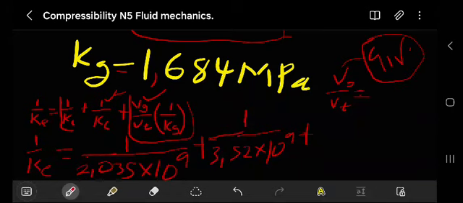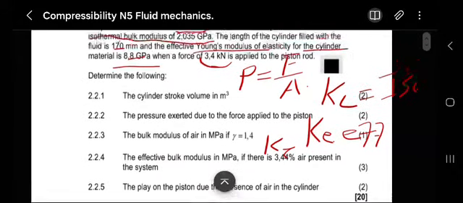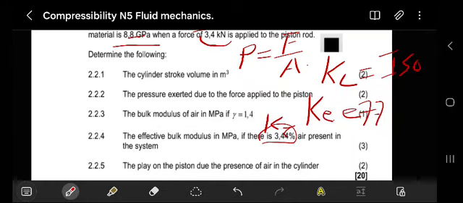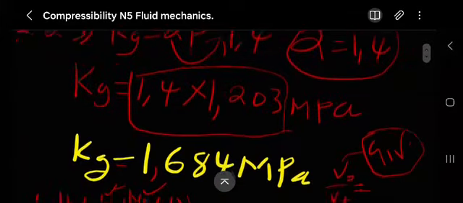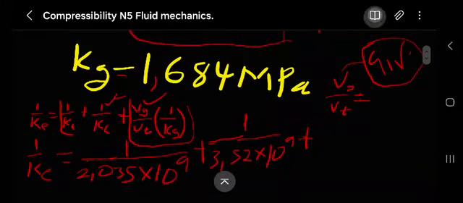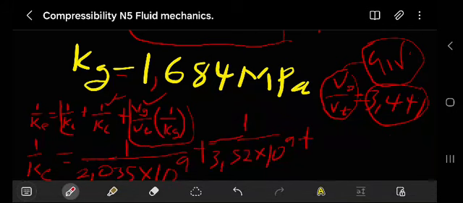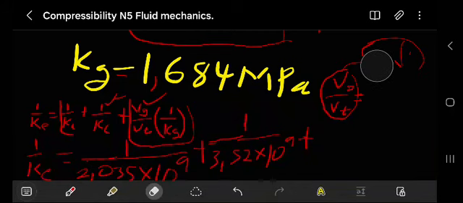So let us check that we have given. Here it's m, 3.44%. So I've given that air is 3.44%, but now it must be in fraction.